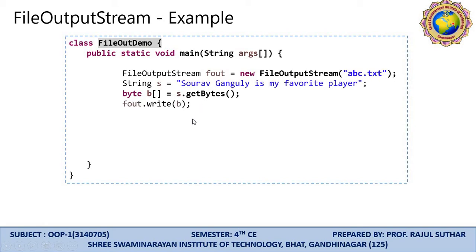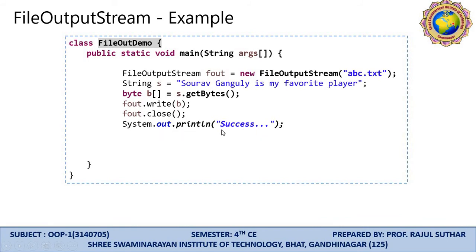fout.write(b), we are writing b. So b is nothing but the byte array, representing the bytes we are retrieving in binary format. So the s.getBytes method is used. fout.close releases all the memory.